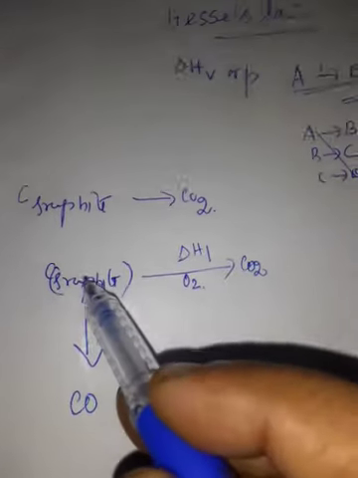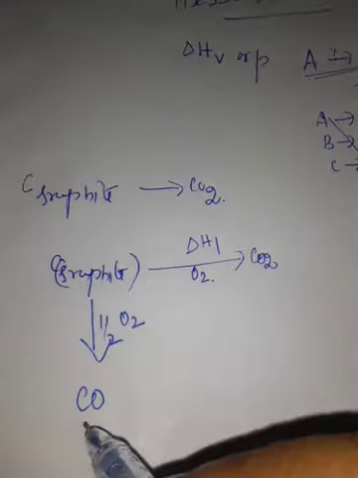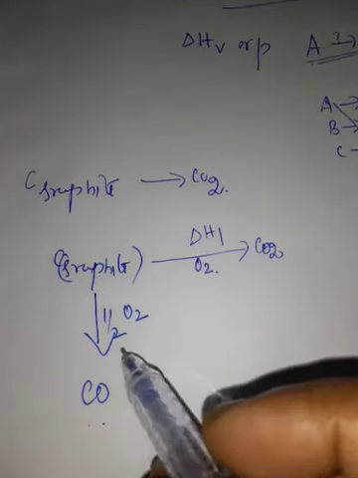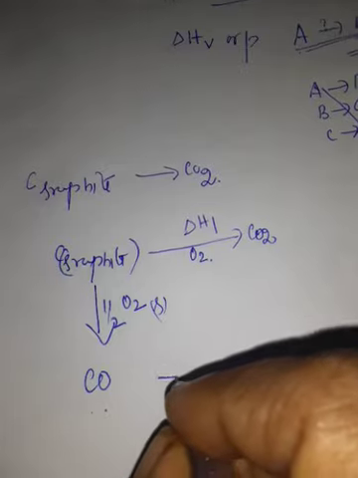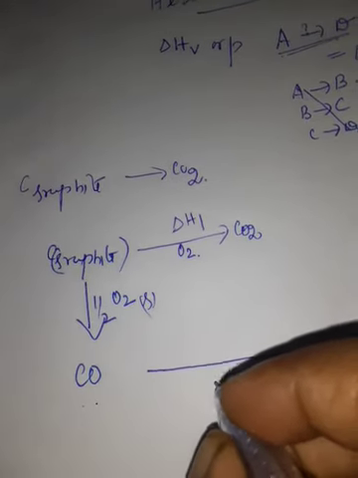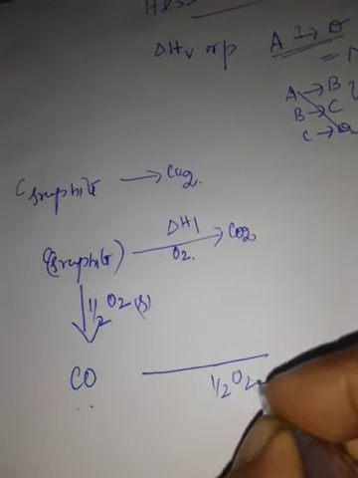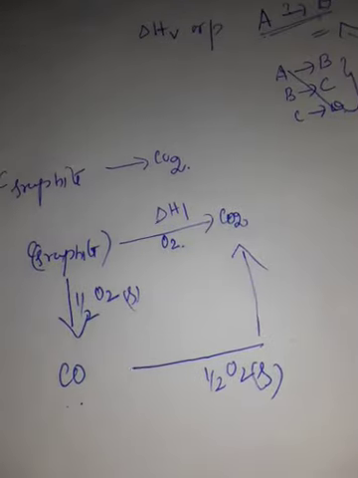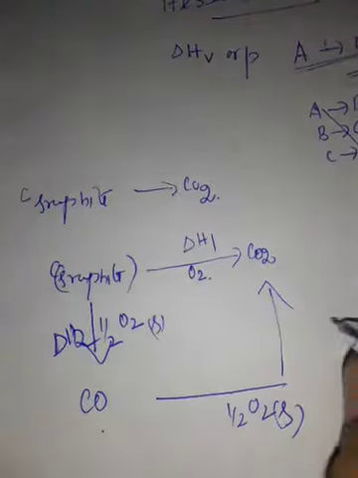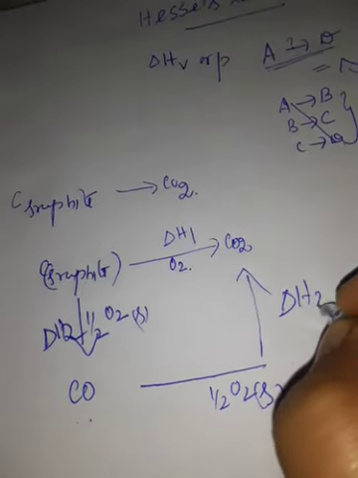First step, graphite, carbon, is converted to CO in the presence of half O2 gas. Next, this CO, once more in the presence of half O2 gas, is converted to CO2. So this is delta H2, this is delta H3.